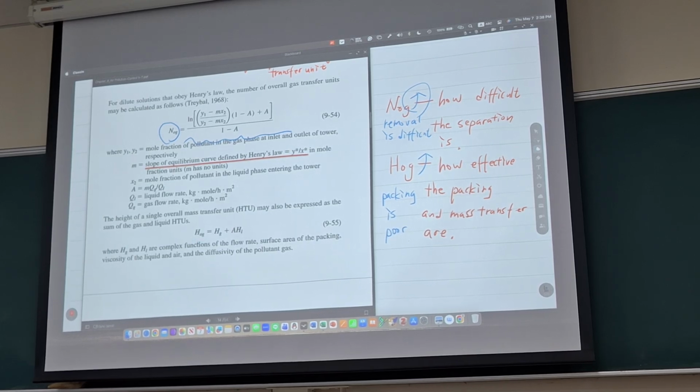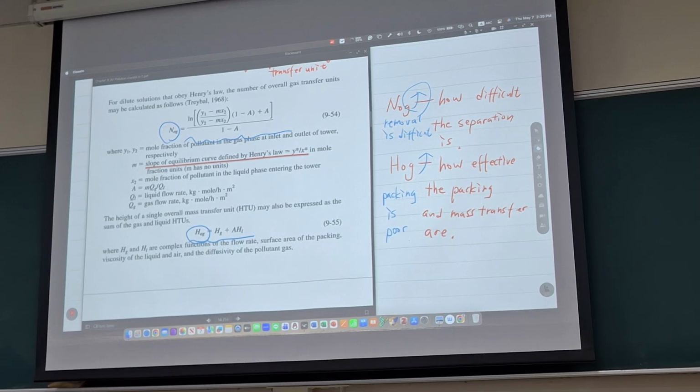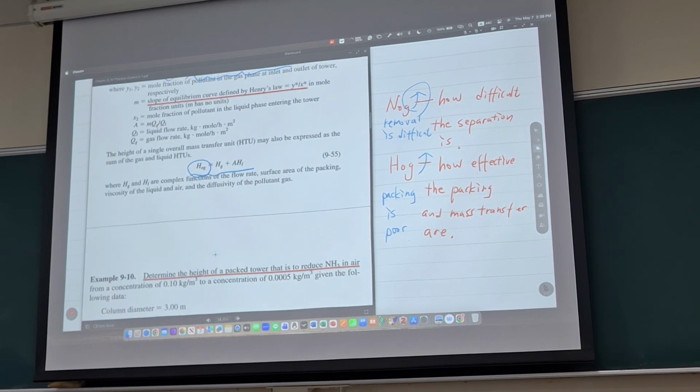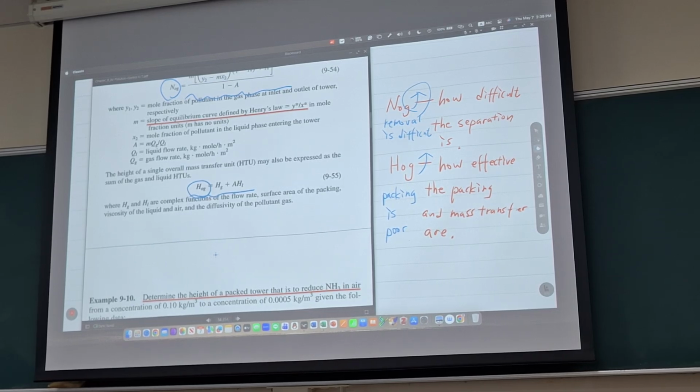And HOG equals HG plus A times HL. HOG equals HG plus A times HL.